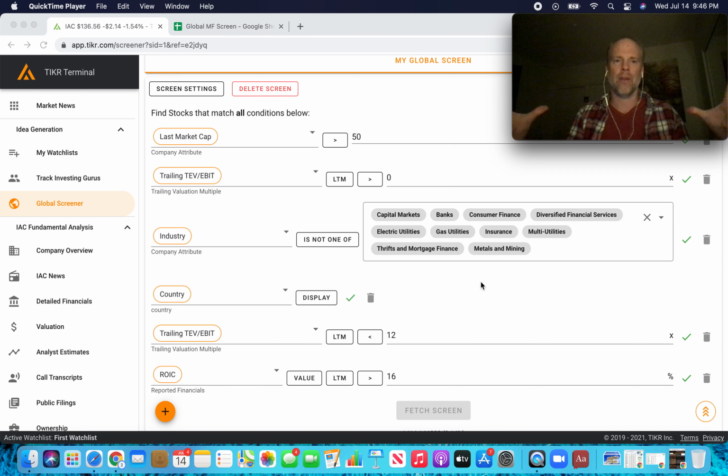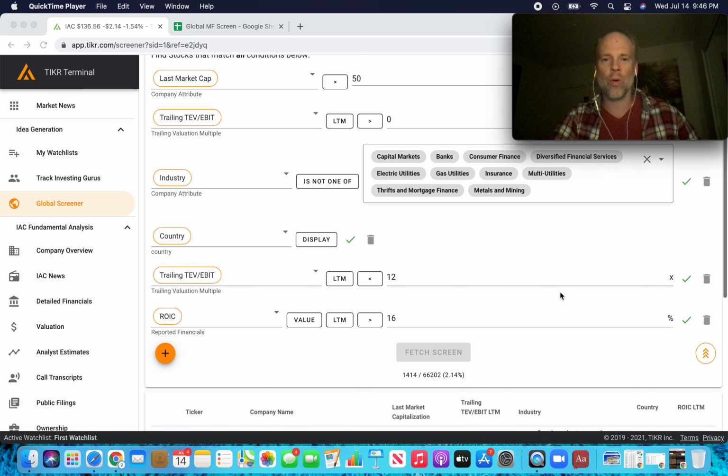He doesn't bookend the earnings yield. He just runs the earnings yield for all of the companies in the US, excluding financials, excluding utilities, over 50 million, and gives each a ranking from the best earnings yield, the highest earnings yield in this case, to the lowest.